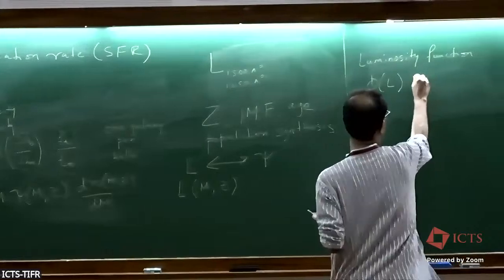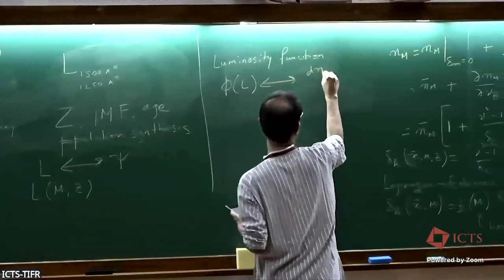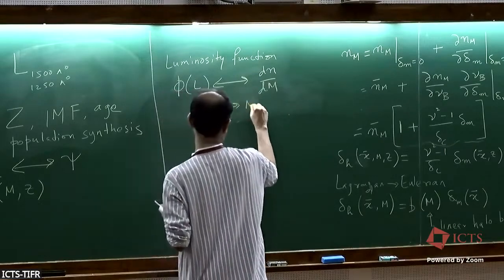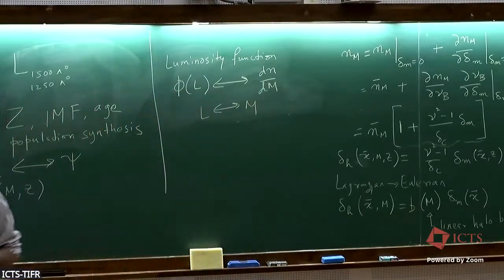But that phi(L) is directly related to dn/dM if you have a one-to-one relation between L and M, which is your model. So for every M, you have found a way to calculate L. And then you can actually go and compare with observations, because dn/dM you know how to calculate.